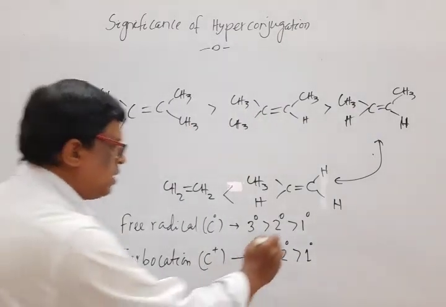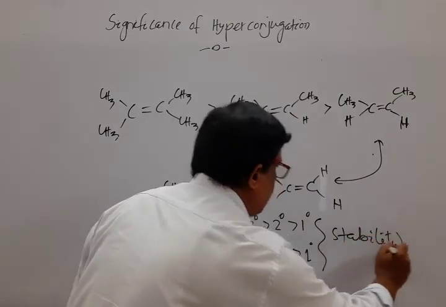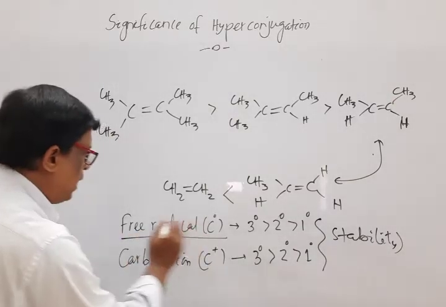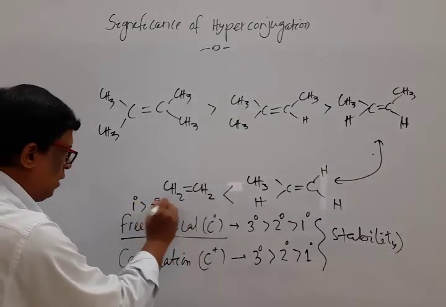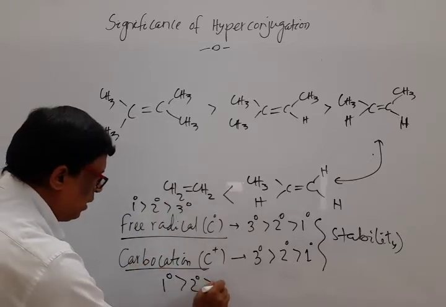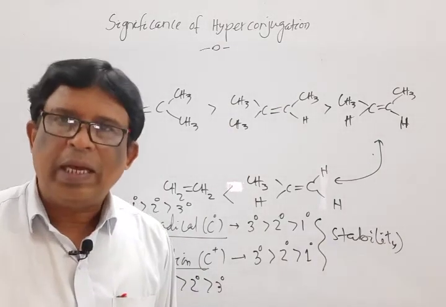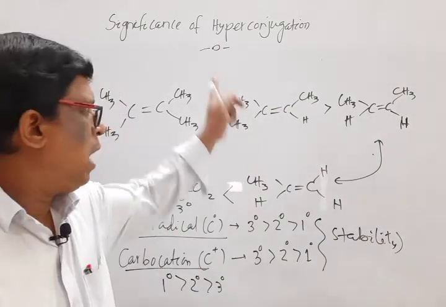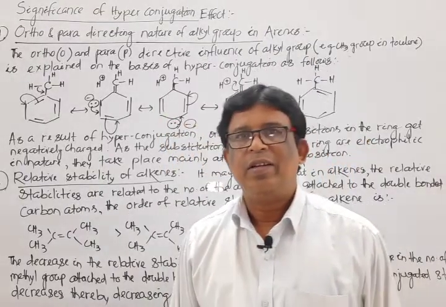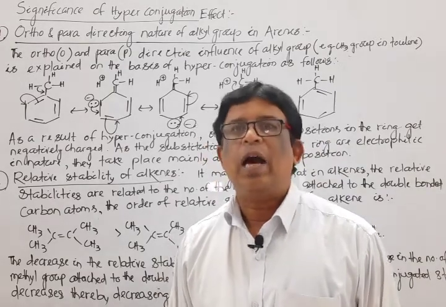On the other hand, if we discuss reactivity, then the reactivity of free radical and carbocation both decreases as 3 degree, 2 degree, 1 degree reversed, that is increasing from 3 degree to 1 degree. It is all about the application of hyperconjugation.